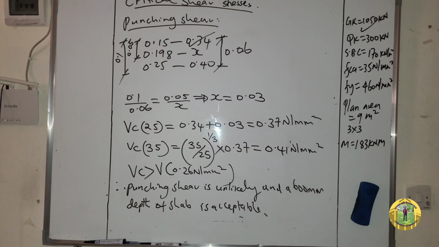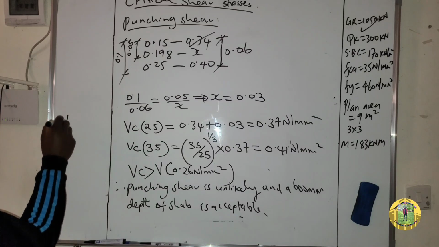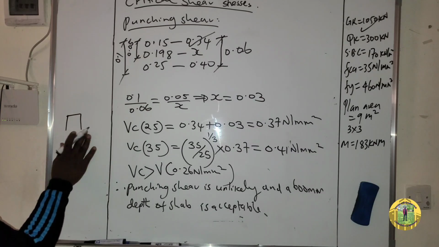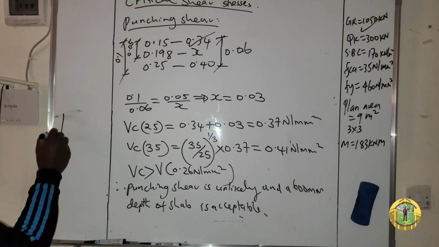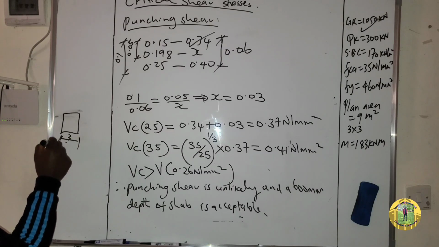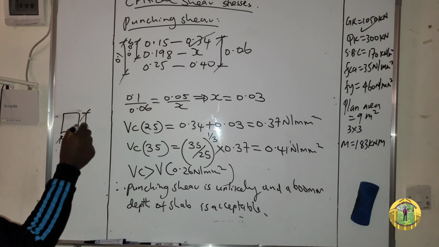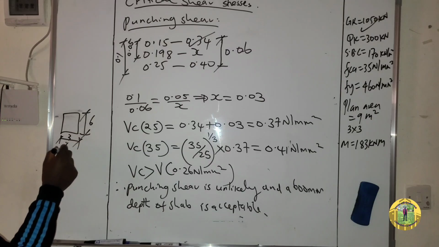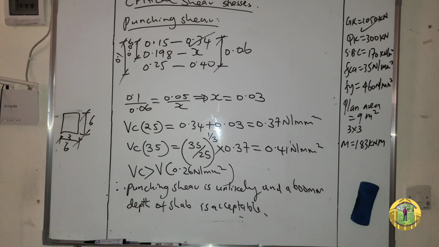So our plan area is 3 by 3 meters. So you can increase this plan, maybe to 6 by 6 and so on. Remedy number 3, add shear reinforcement. You can also add shear reinforcement. Number 4, use a drop panel.